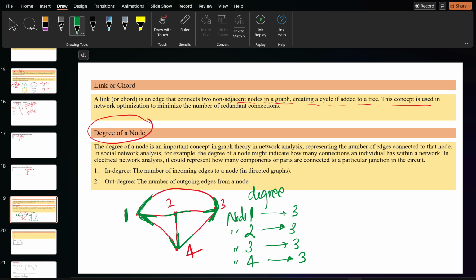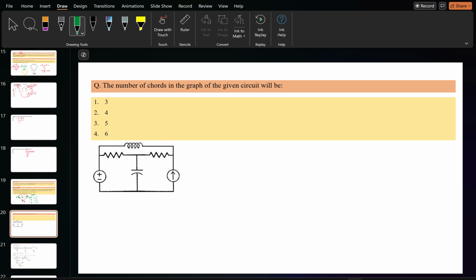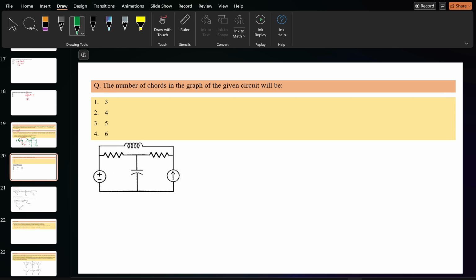No? Okay, let's solve this problem. Find the number of chords in this. Number of chords, you have already seen, is basically the number of links. After that, we will see the matrices, that is incidence matrix, cut set, tie set.